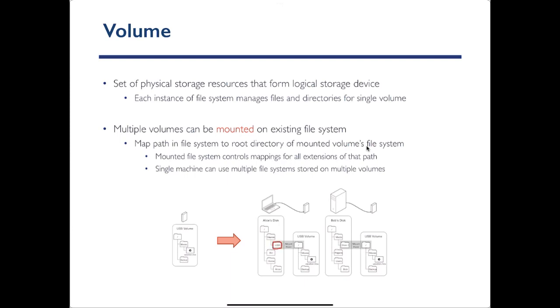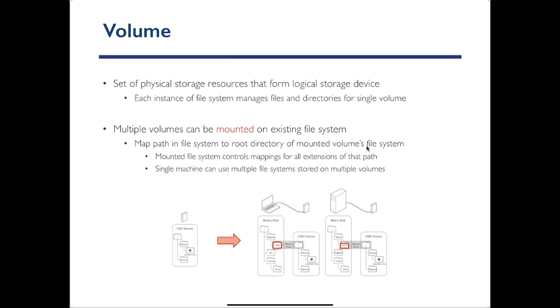Let's assume that we mount the USB device to the USB 1 file. So this is a single point, a single address, root volume USB 1. So that's the address. And we then mount the USB volume to this file. In Alice's laptop and in Bob's desktop, we mount it to root media disk 1.